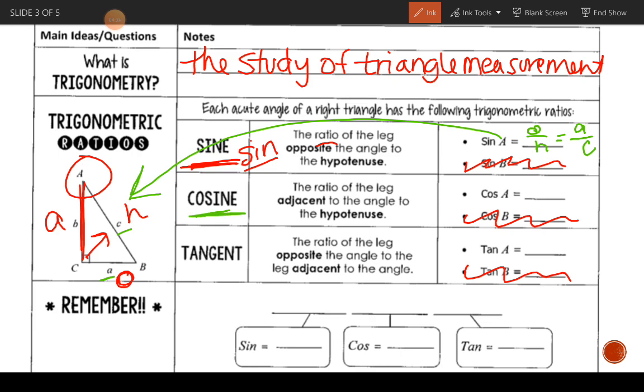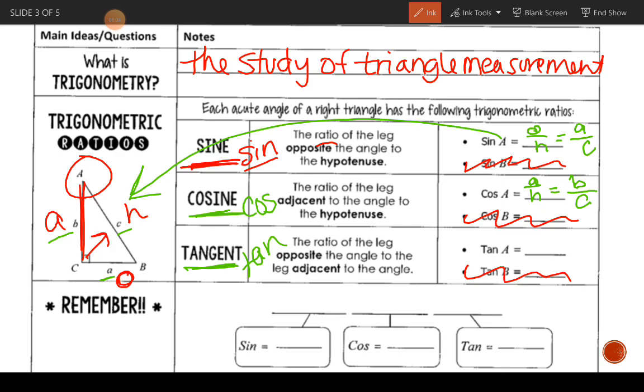The cosine, which on a calculator says cos, is the ratio of the adjacent to the hypotenuse. The adjacent side is B, and we already know the hypotenuse is C. And then we have the tangent, which is tan on the calculator.